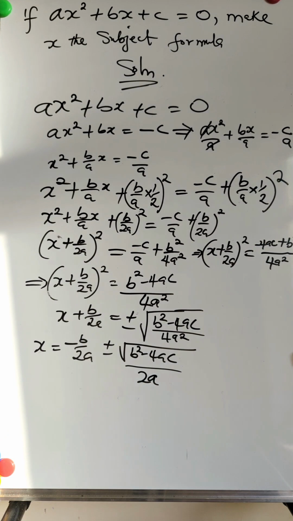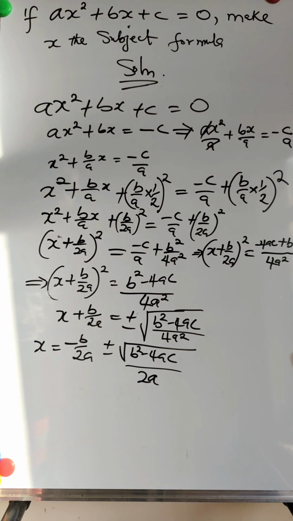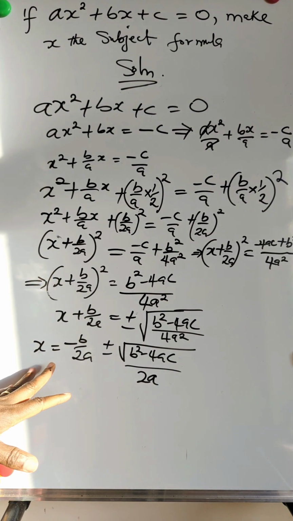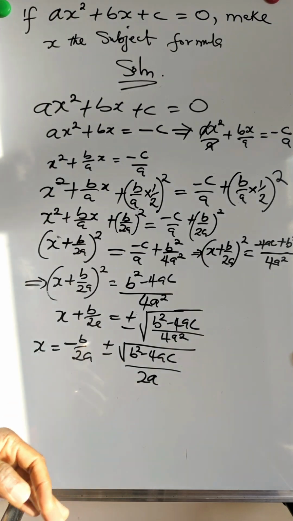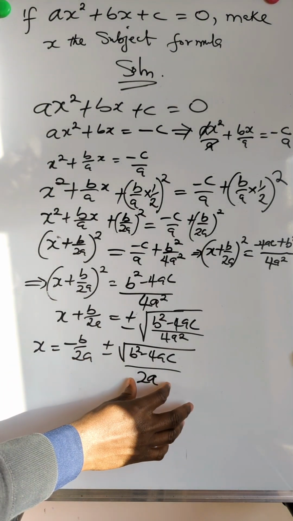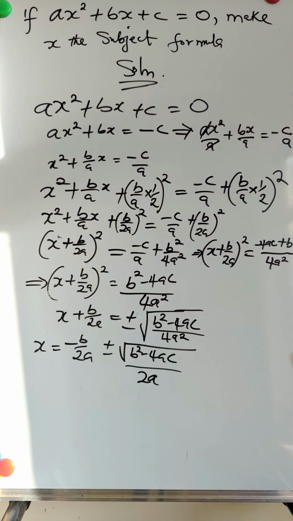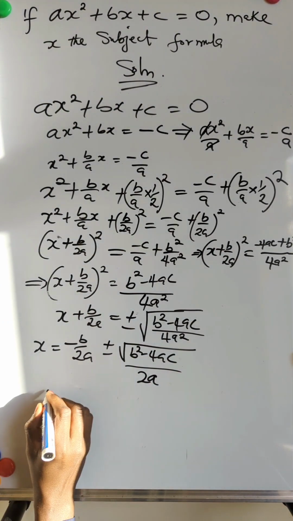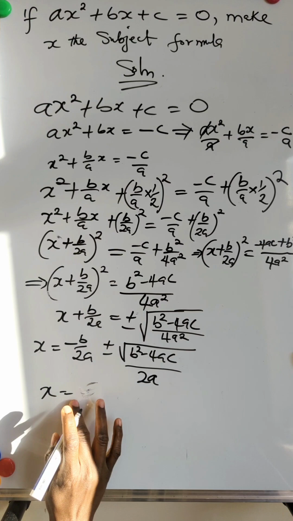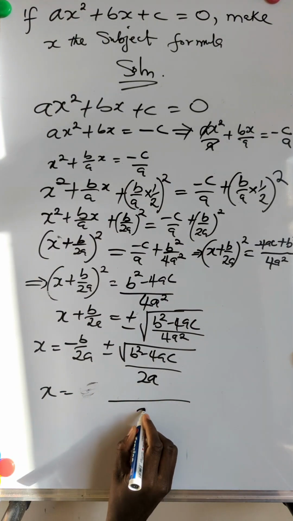It's getting clearer now. We're not going to leave just the expression like this because this is not the general formula. We'll look for the LCM between these two a's. It's just the same. So we'll have that x is equal to minus b, LCM between 2a and 2a is just 2a.